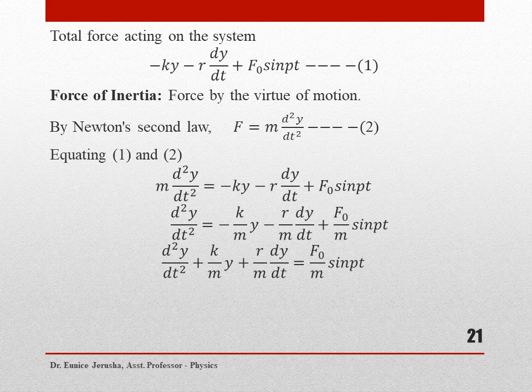We now replace k by m, r by m and f naught by m with other terms. Let's see what they are. So, on replacing r by m, we have 2b, and on replacing k by m, we have omega square, and replacement of f naught by m is with f naught.